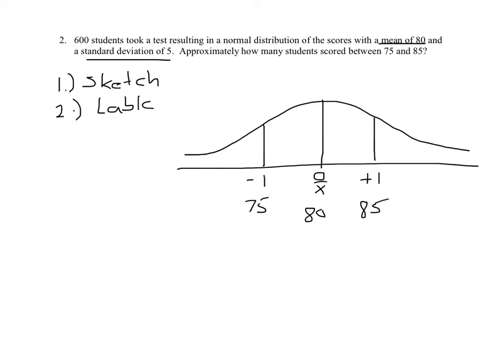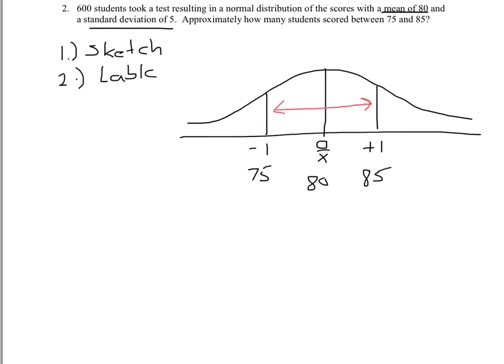So looking back at our question, approximately how many students scored between 75 and 85? Looking at the normal curve given to you in your reference sheet, all I know is percentages of the population. So we need to be thinking that my population size is 600, and let's use that information to find my answer.